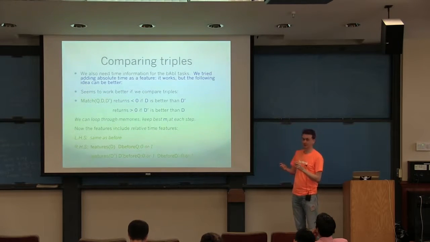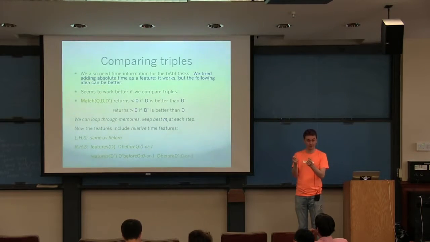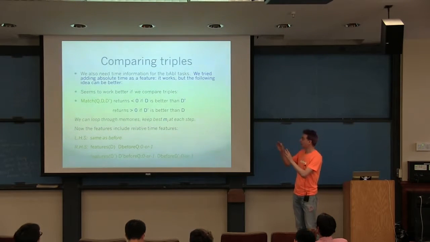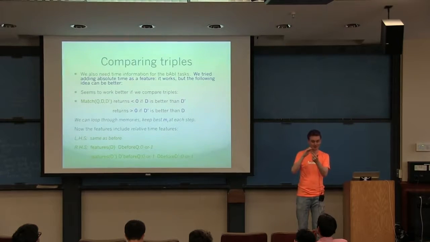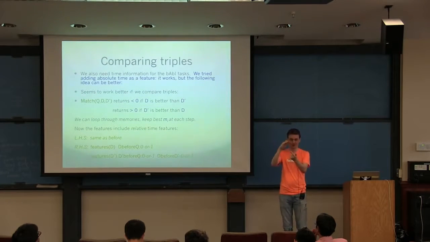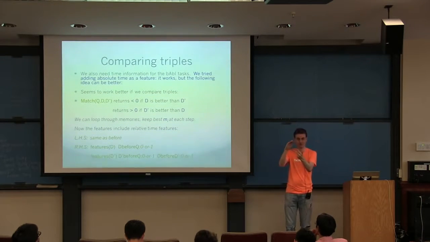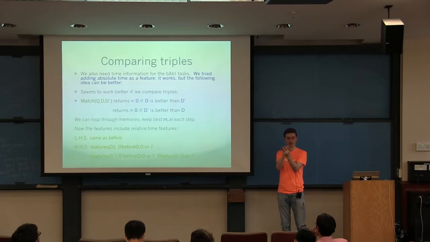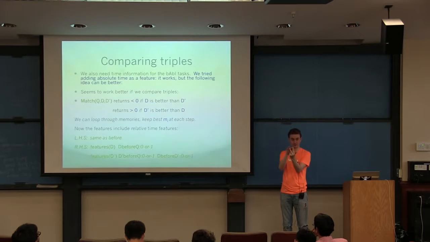If you want to encode relative time instead of absolute time, you could compare triples of things instead of pairs of things. So instead of taking the question and one memory, you could take the question and two possible memories. Now you can represent the relative time between the two memories.